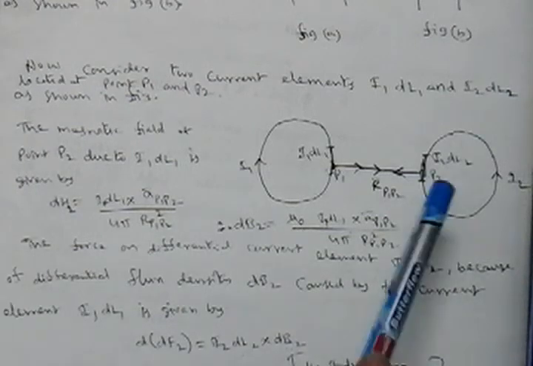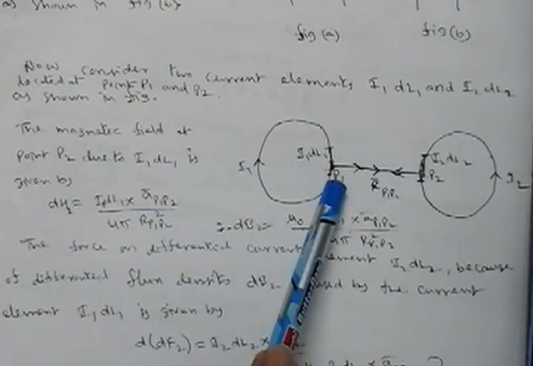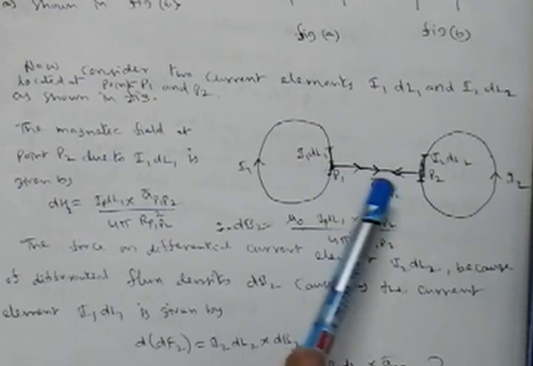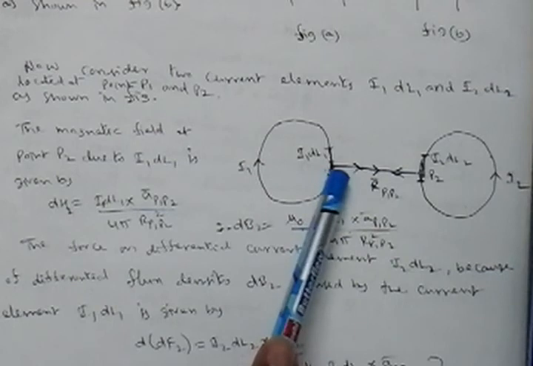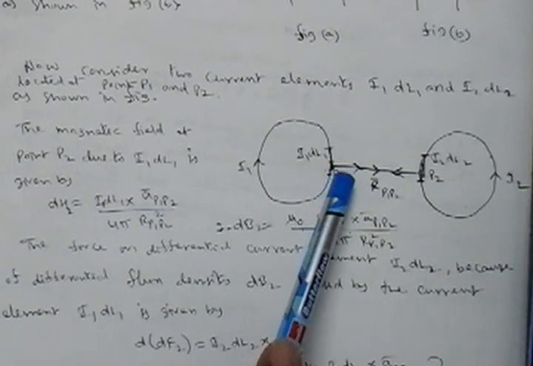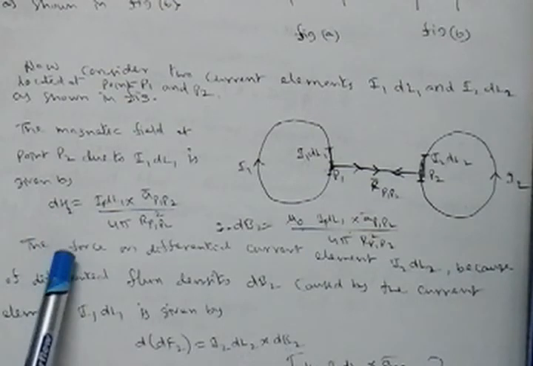In this case we obtain the force on the second element due to the first element. So first we determine the magnetic field at point P2 due to the differential current element I1 dl1, according to Biot-Savart's law.